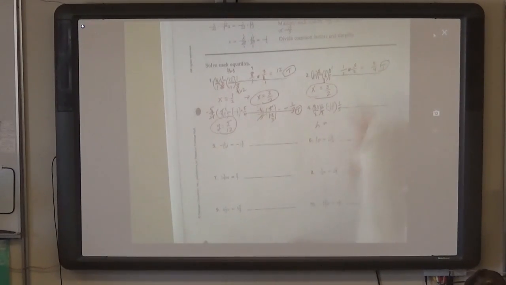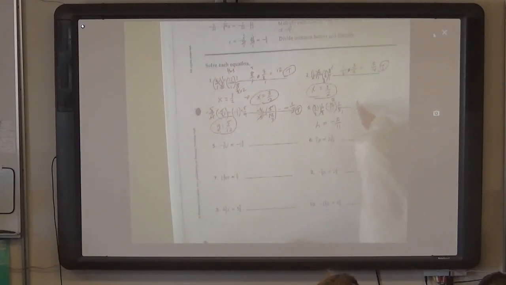So h equals, and now factor out 22. It's 2 over 11. Negative 2 over 11. What? 2 11s. Not 11.